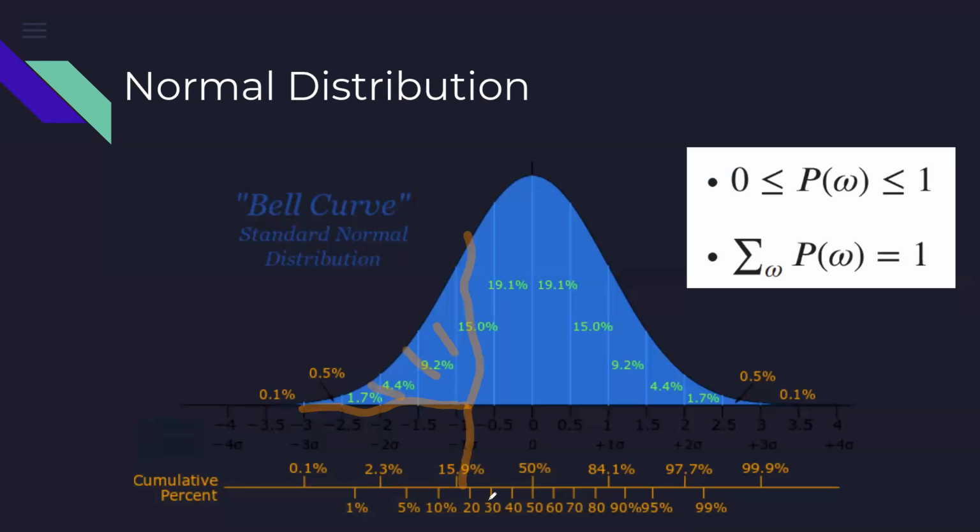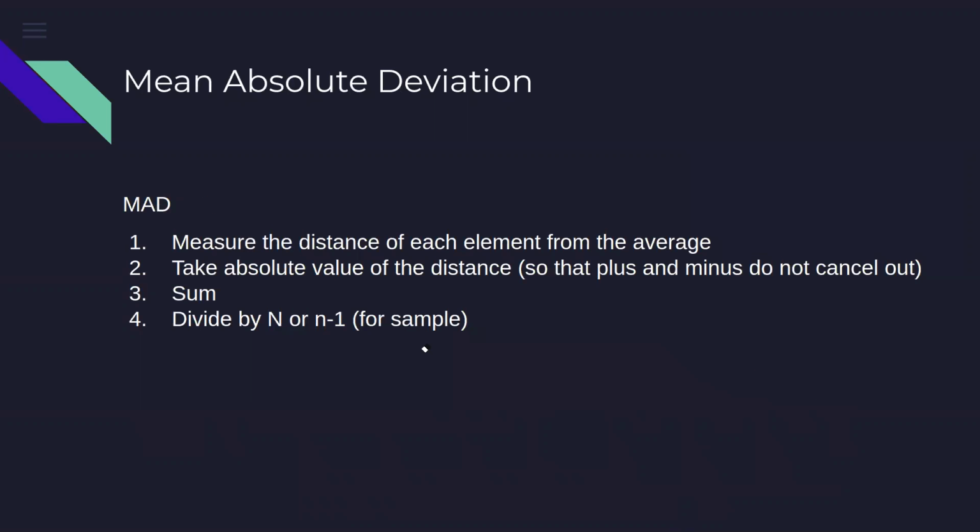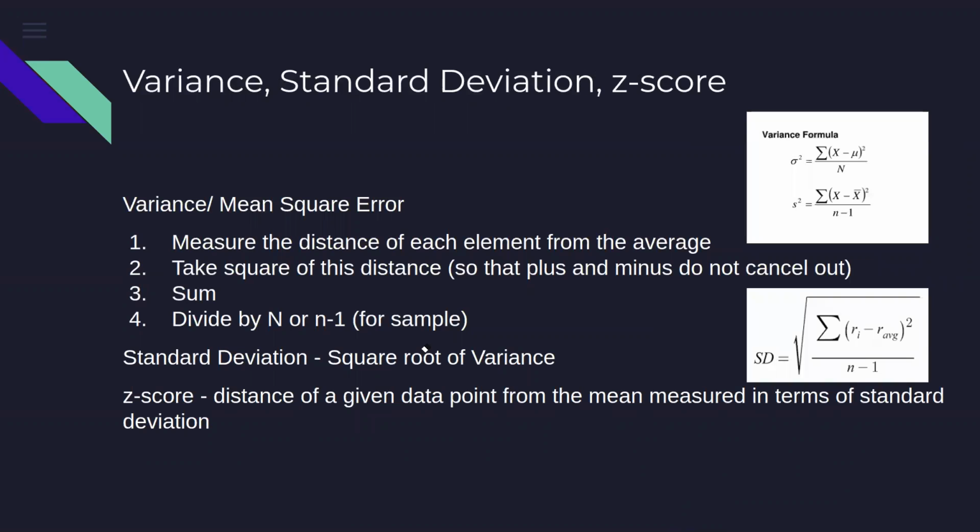And I can do all kinds of computations here. So that's how we compute the variance, the standard deviation and the z-score. These three things are very important, and you should be able to recall them.